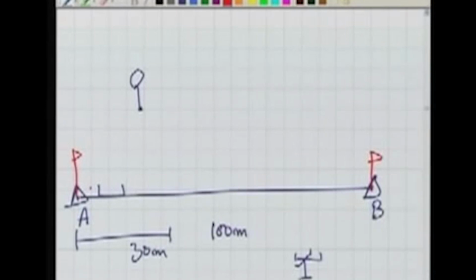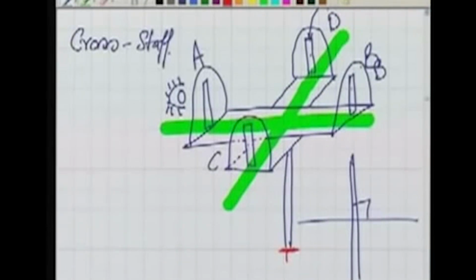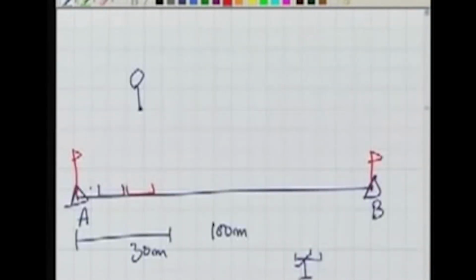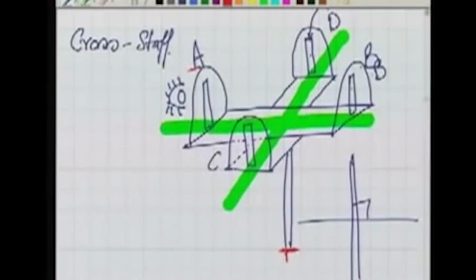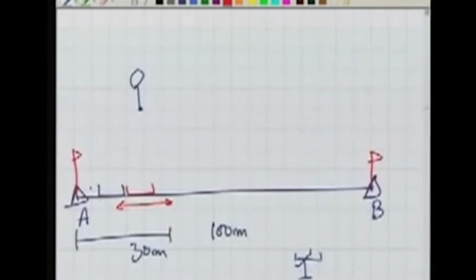When we are somewhere here, we can check whether we are in line AB or not, because we can see through this, and it will be ensured whether the base of the cross staff is on line AB. Once we have ensured it, we can move slowly along this line and see through slit A and slit B to check that they are along line AB.